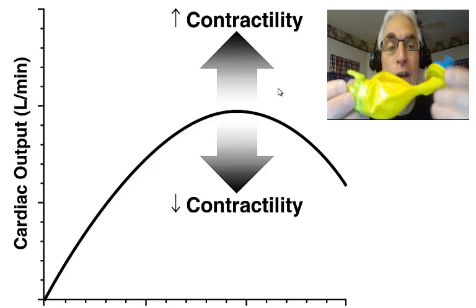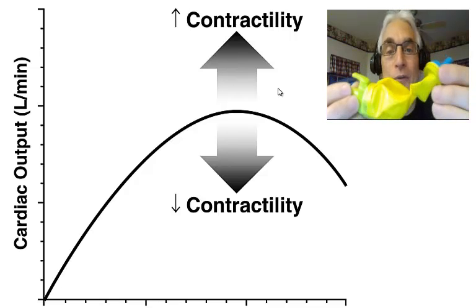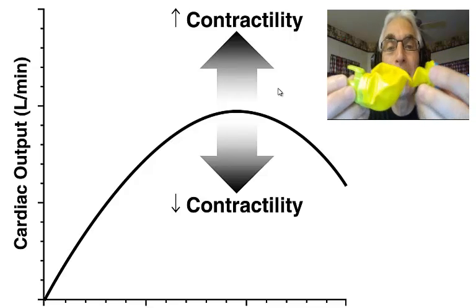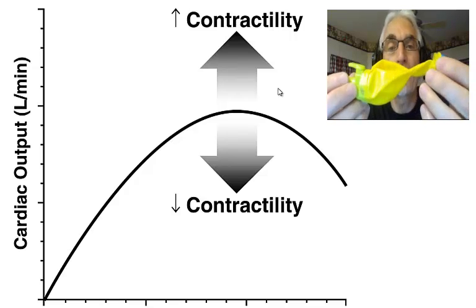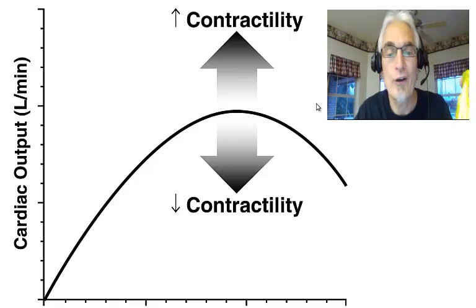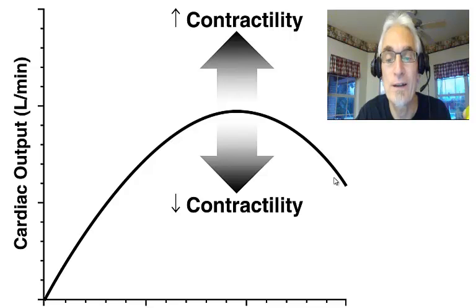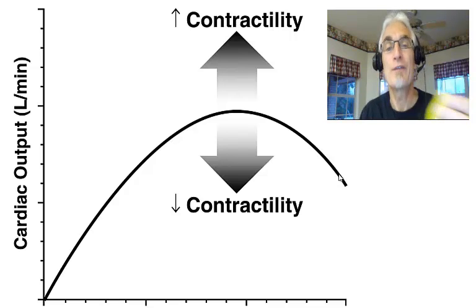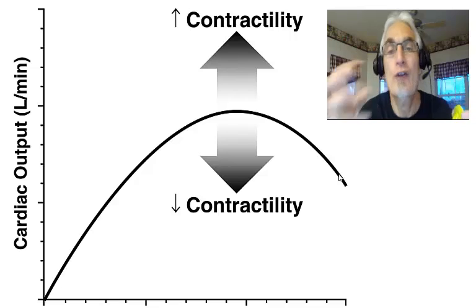Now look what happens. If you increase preload, you fill this old saggy, baggy heart full of fluid. We're looking at Starling's curve. This patient's heart is way over here on the right side of the curve, where the more you fill, the less contractility you get. Boy, you'd think if you'd fill it, maybe it would contract more.